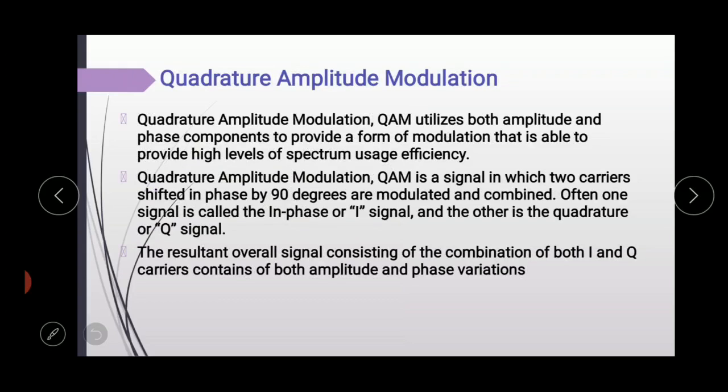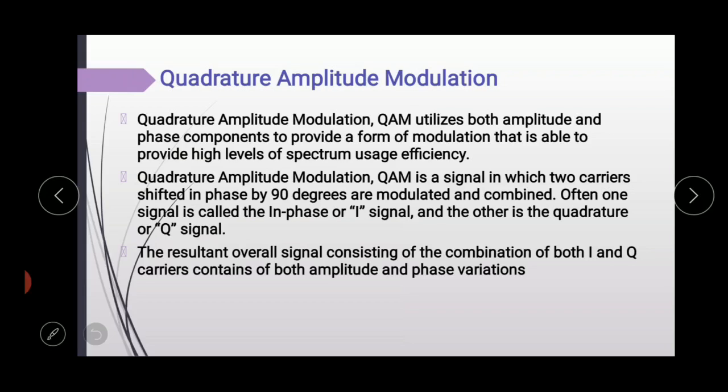As we know, in amplitude modulation, one message signal is modulated, which is in analog form. But in AM, channel bandwidth is not effectively utilized. So this can be overcome by using the QAM technique.